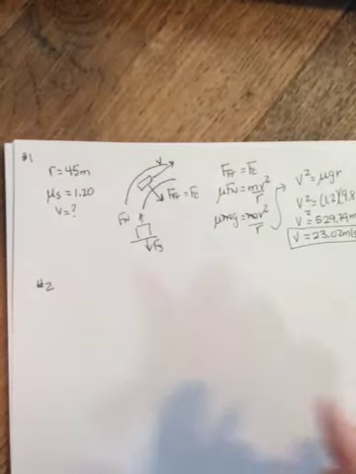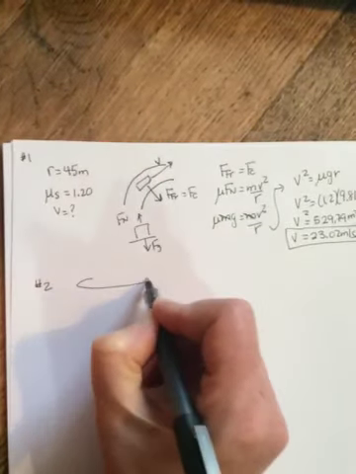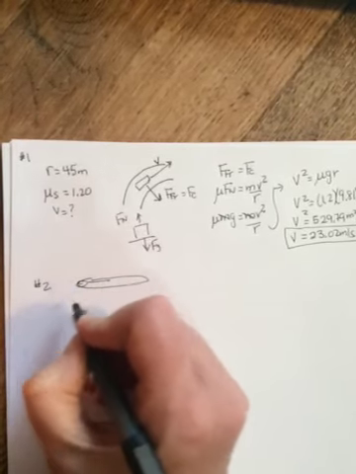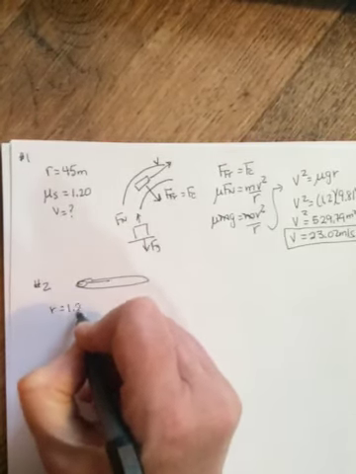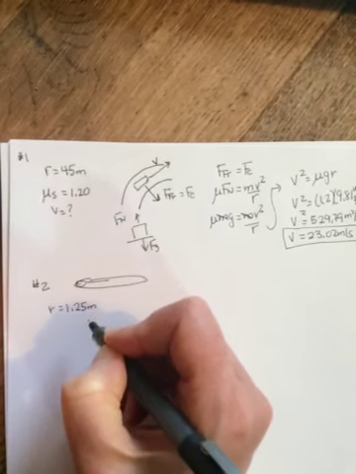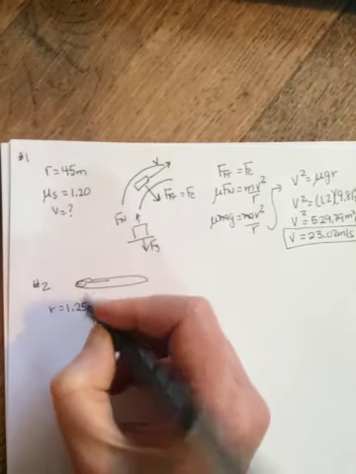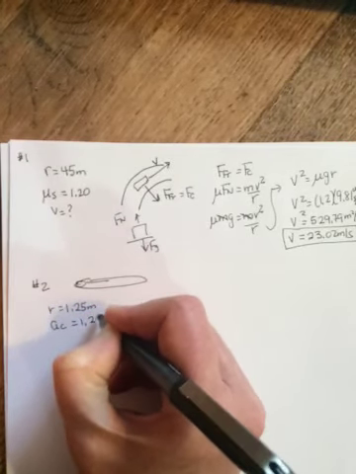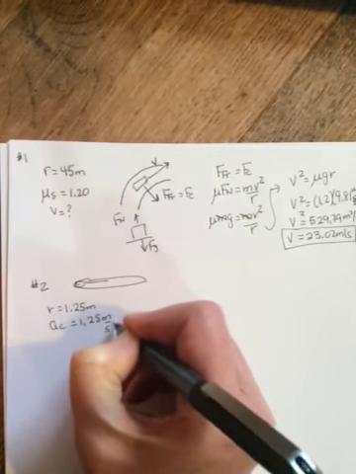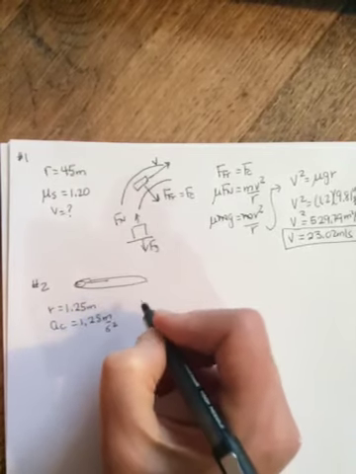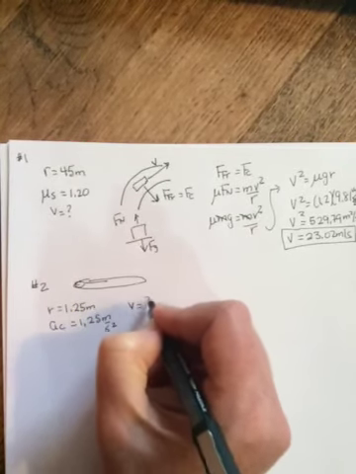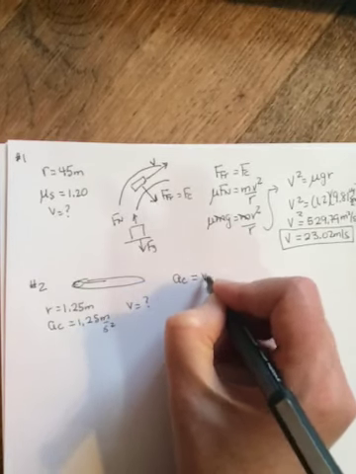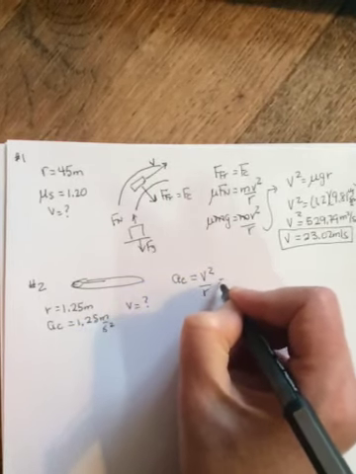Number 2, a ball is swung in a horizontal circle. So it's going to be like this. Okay, radius is 1.25 meters. The uniform speed, the ball has a centripetal acceleration, AC, of 1.25 meters per second squared, and it wants to know what is the speed, what is v. Okay, and our centripetal acceleration equation is AC is equal to v squared over r.